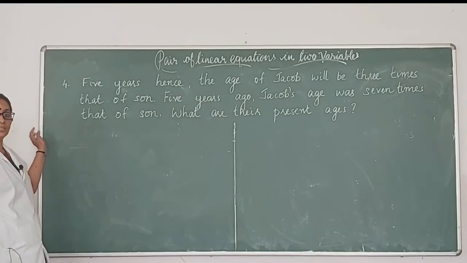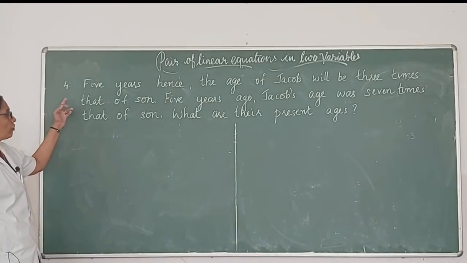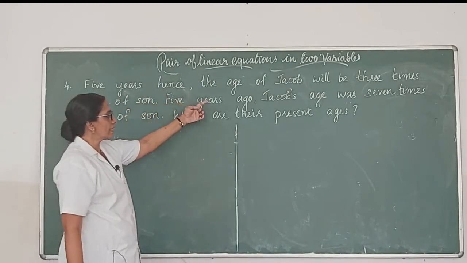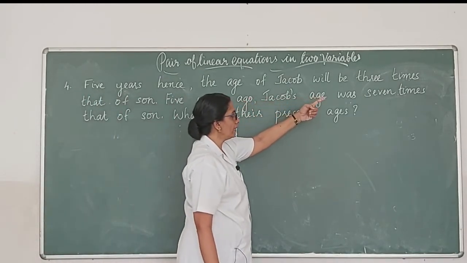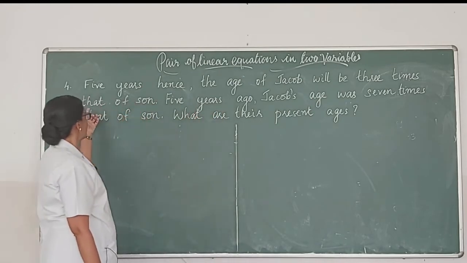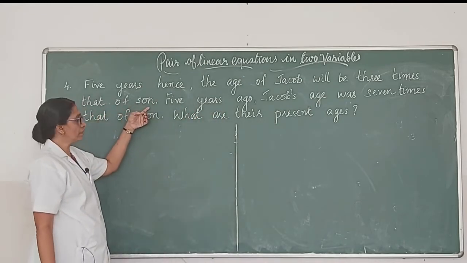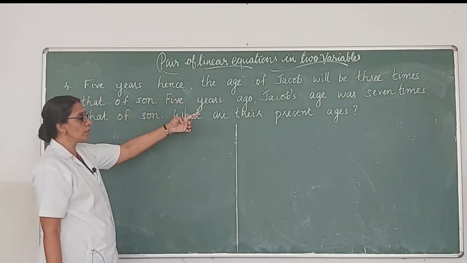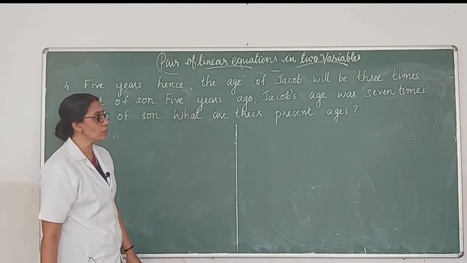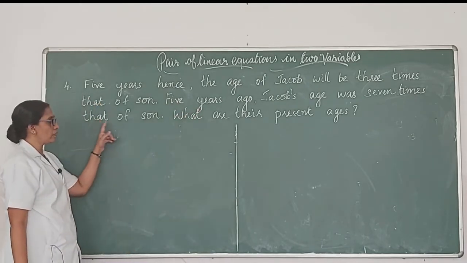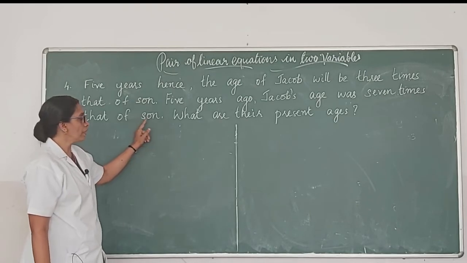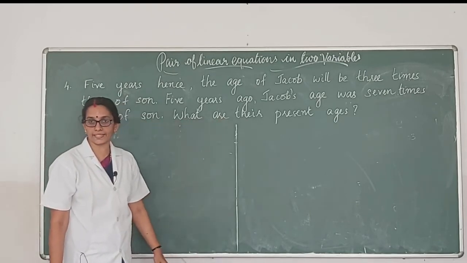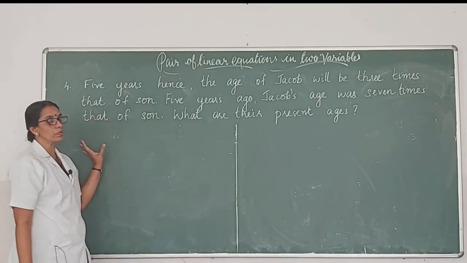Okay. So, come to this question. 5 years hence, the age of Jacob will be 3 times that of his son. 5 years ago, Jacob's age was 7 times that of his son. What are their present ages? Here the question is about ages.